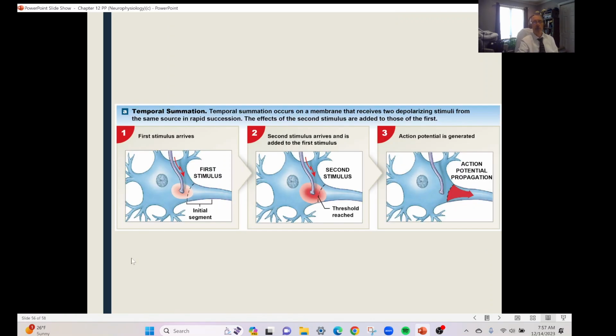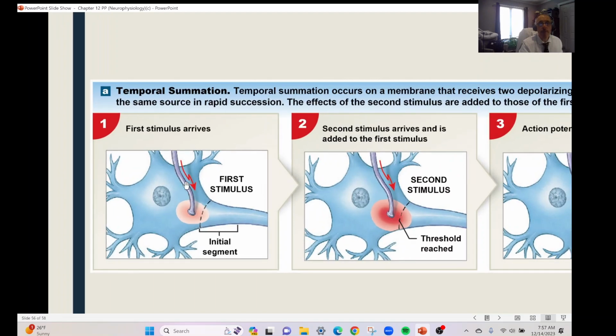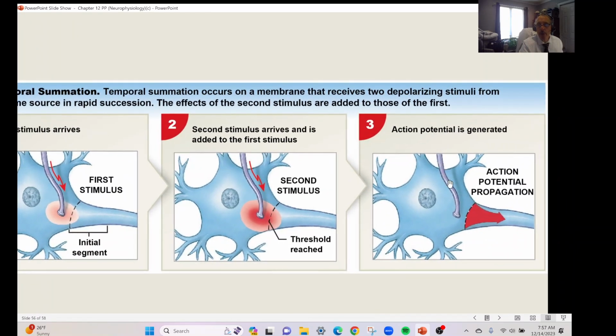With temporal summation, we have, where is it? Right here. One neuron firing at this neuron, and then it fires again, and then it fires again, and then if we get to threshold, it now will cause an action potential, and then the action potential travels.